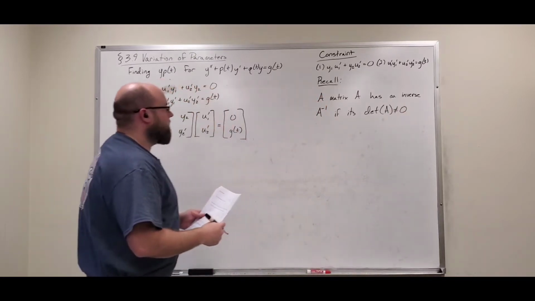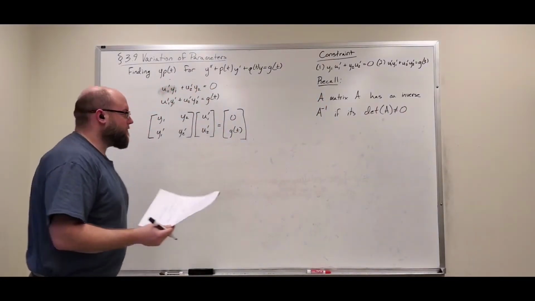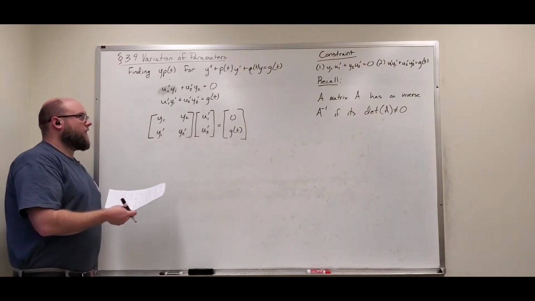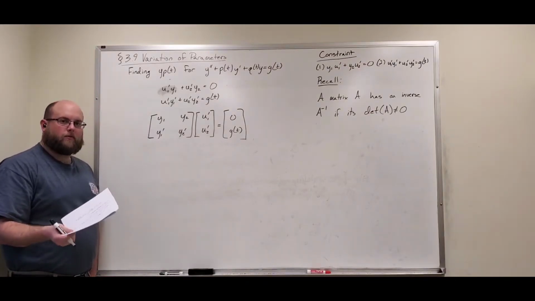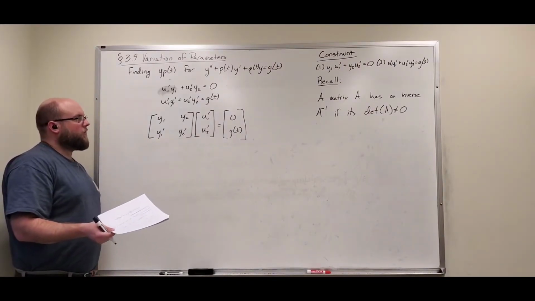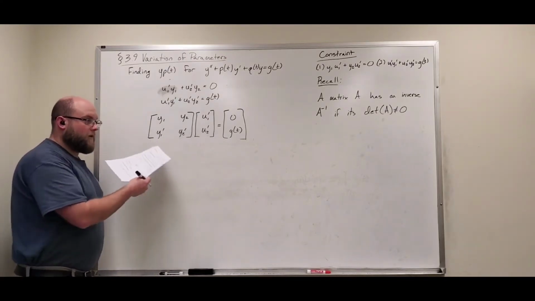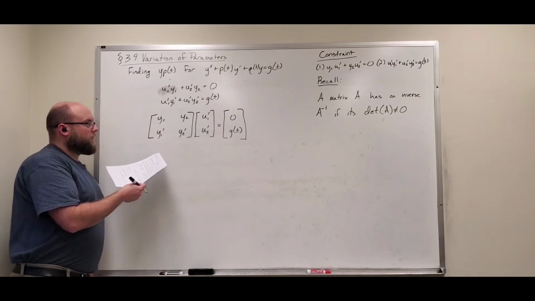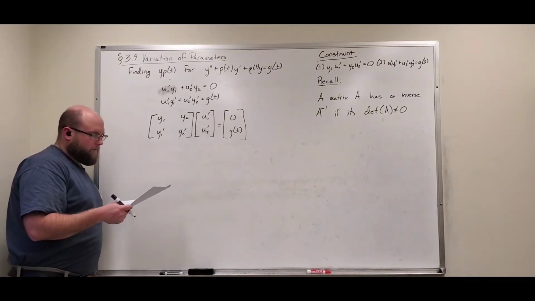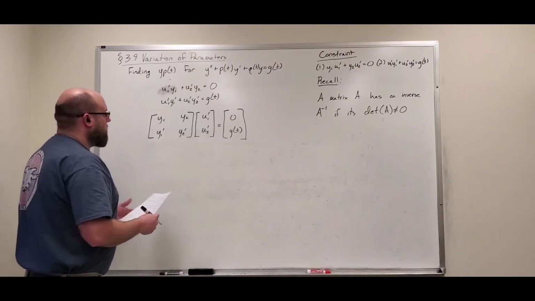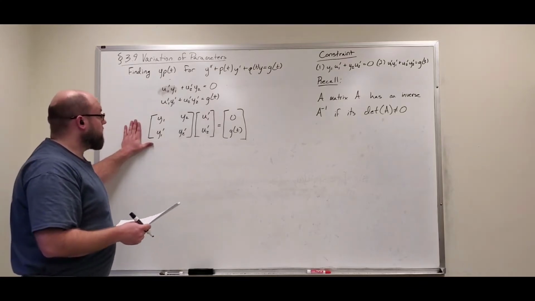Okay? Well, do we know anything about this? Well, yeah, we said that y1, y2 forms a fundamental set. Well, if they form a fundamental set, that means the Wronskian, the determinant of this 2 by 2 matrix, is not equal to 0. Okay? So, that means this does have an inverse.